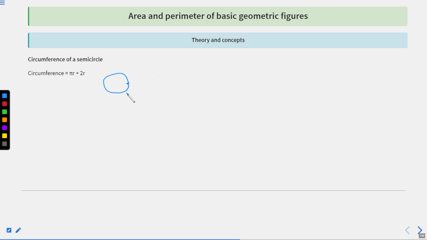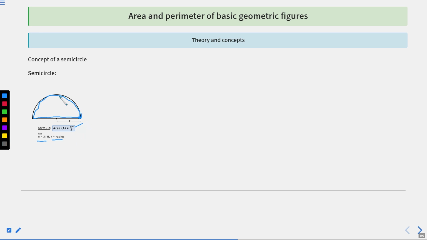So this is the circumference. But what about the semicircle? It is partitioned into two halves, and now the semicircle has this part and this part. So I have to find the circumference.